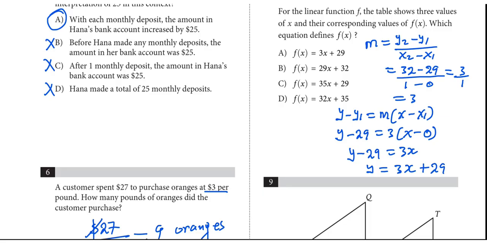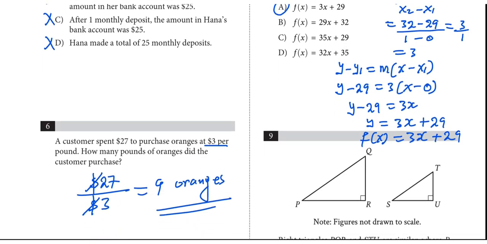So this y can be written as a function, which is f of x is equal to 3x plus 29. So that is the answer to this question, and option A is the right answer, and I hope it makes some sense.